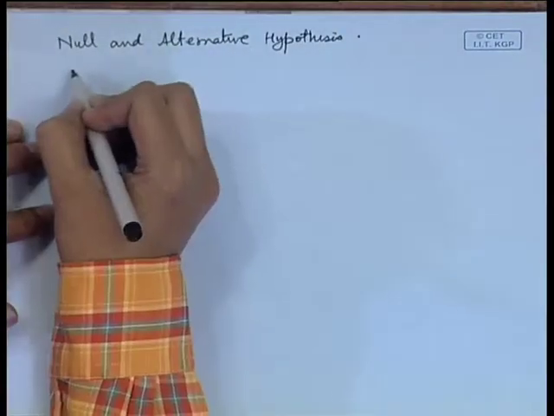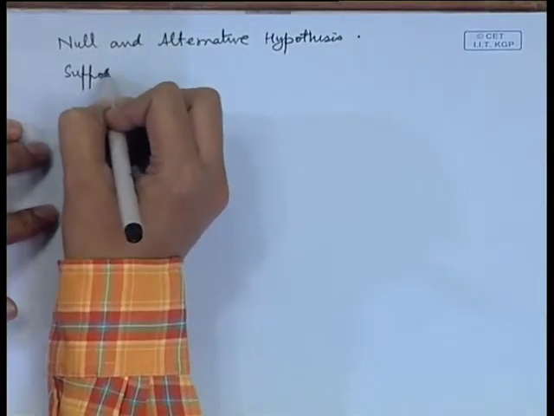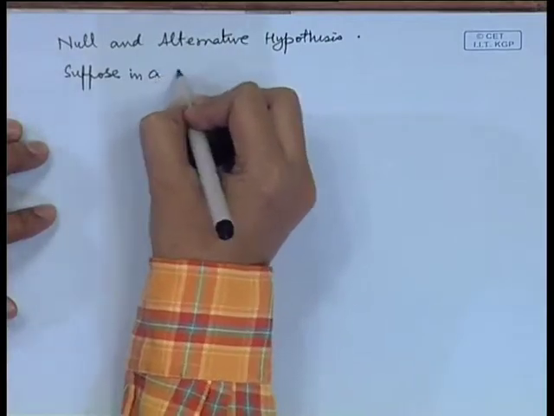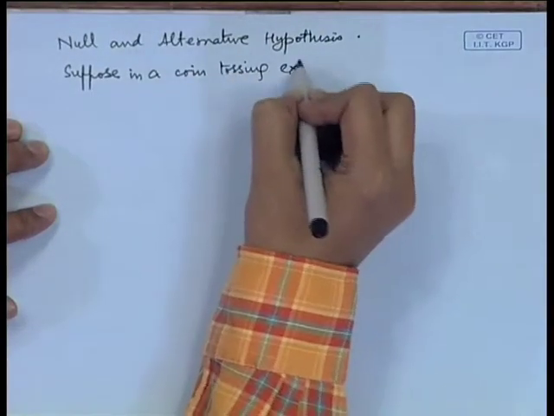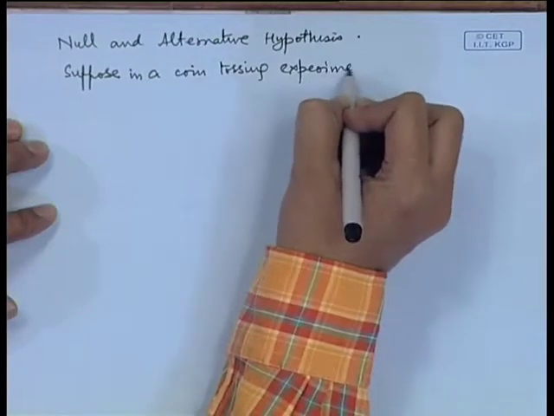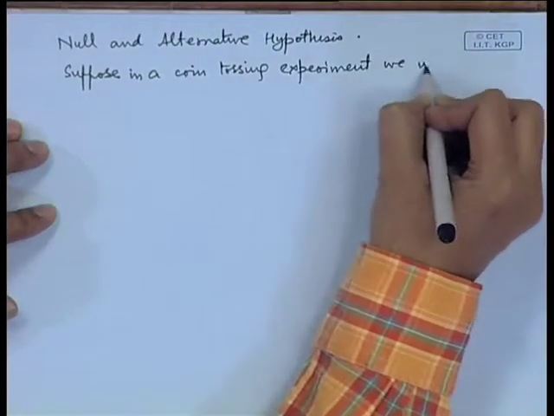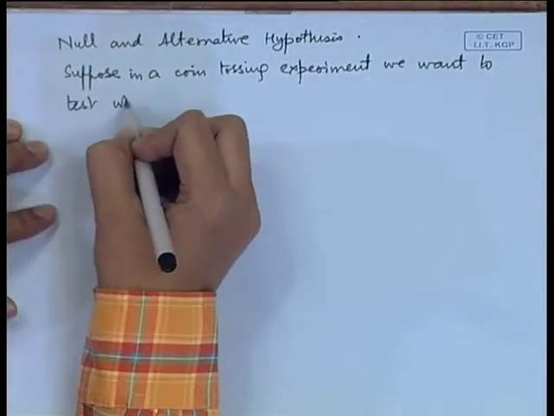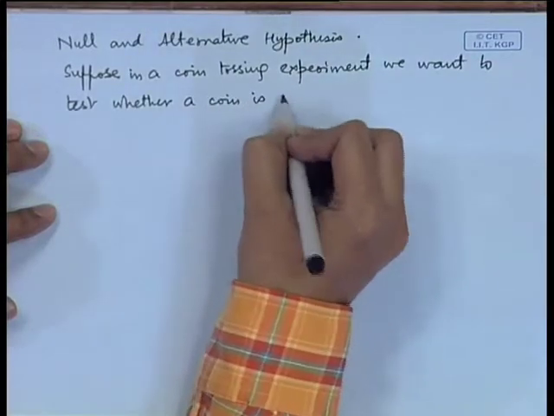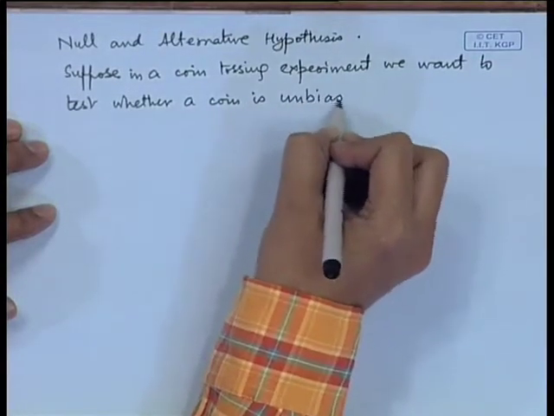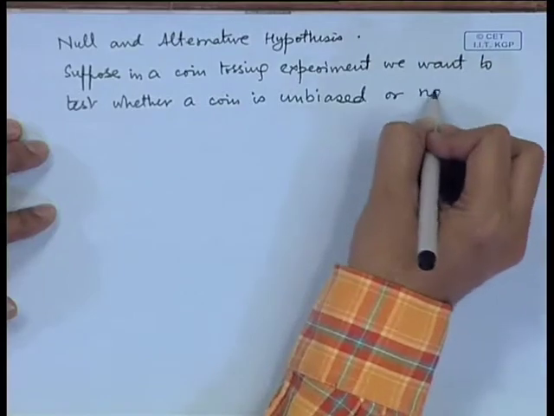So, suppose in a coin tossing experiment, we want to test whether a coin is unbiased or not.